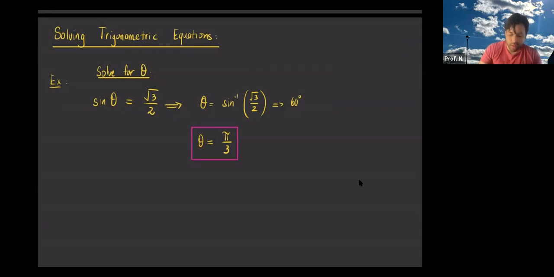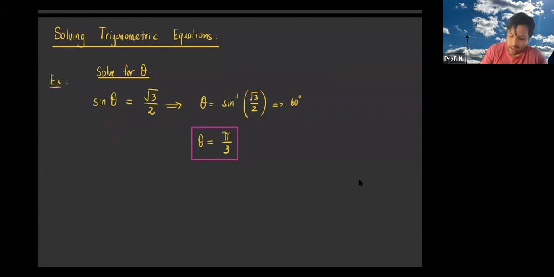Now the thing we're going to have to start to consider again is the fact that this angle theta can be an infinite number of possibilities because of the cyclic nature of sine. So not only do I have pi over 3 as one of the answers, I also have pi over 3 plus 2 pi, or 360 degrees, right?